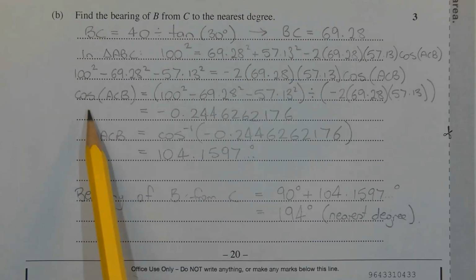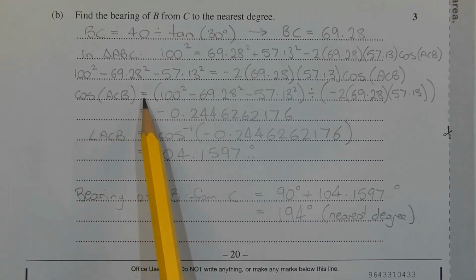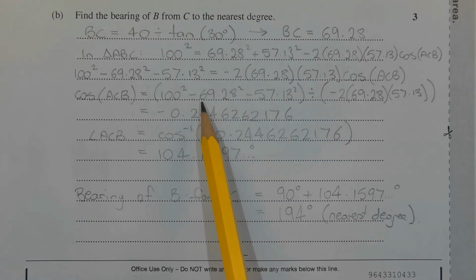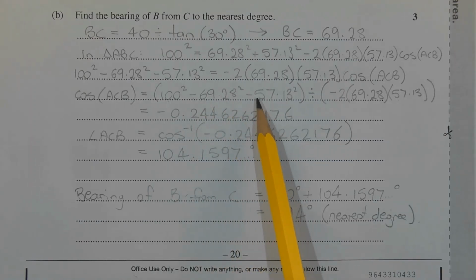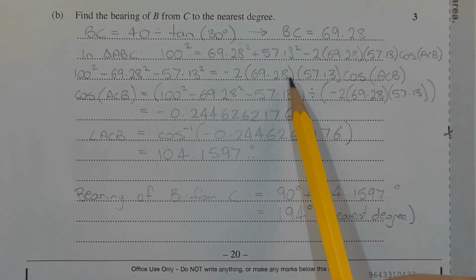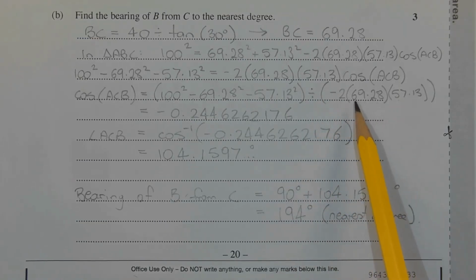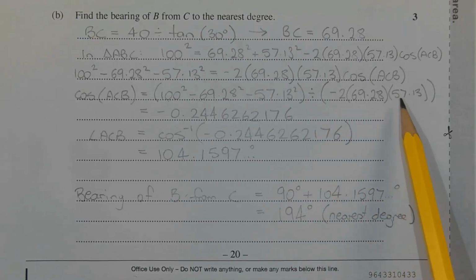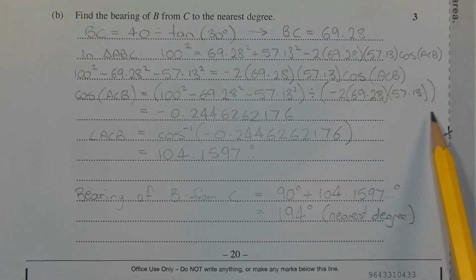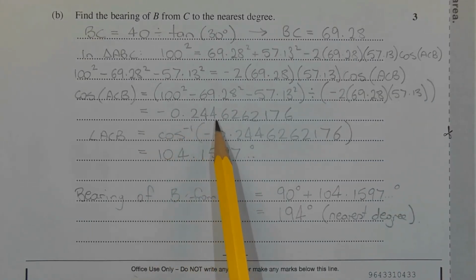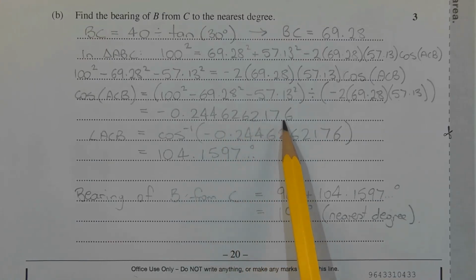Isolating cos angle ACB, we get cos angle ACB equals, open bracket, 100 squared minus 69.28 squared minus 57.13 squared, close bracket, divided by, open bracket, negative 2 times 69.28 times 57.13, close bracket, and that equals negative 0.24462626176.